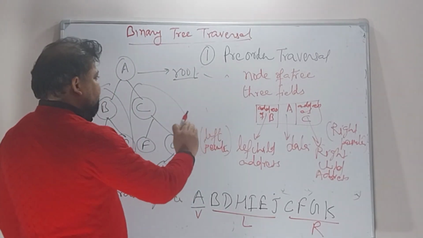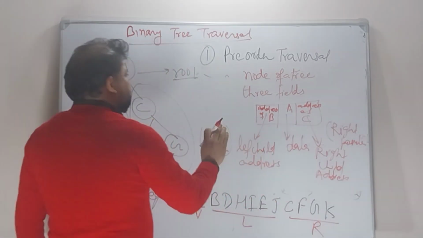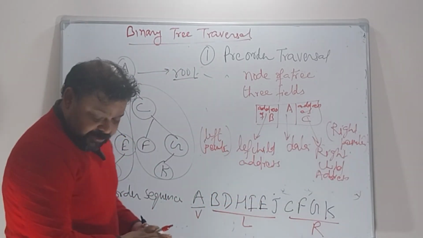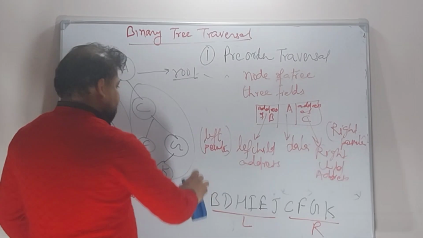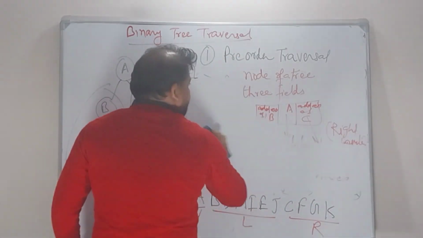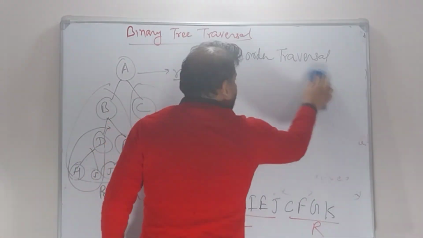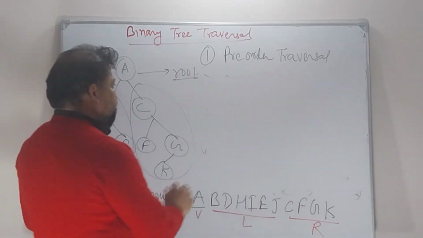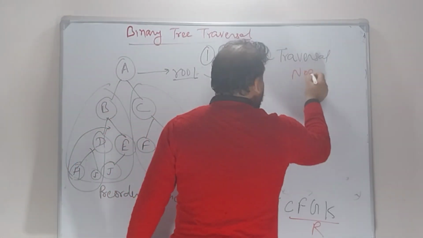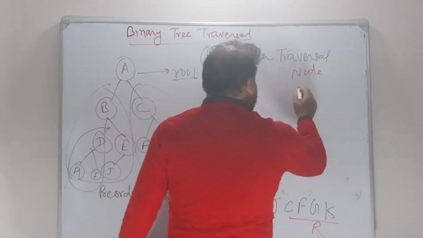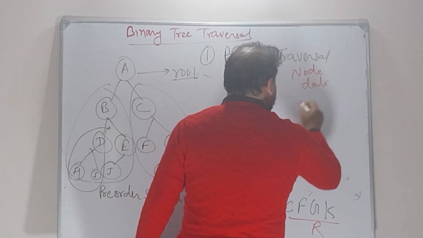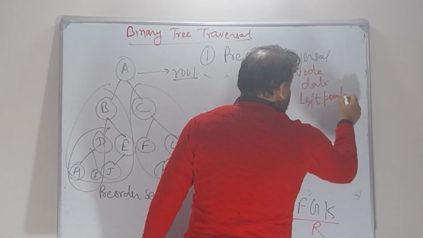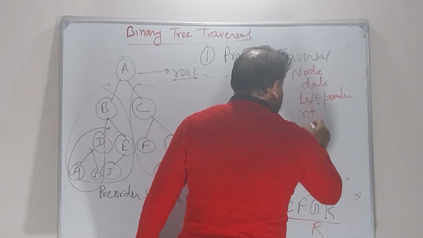Now using this representation I am trying to write a C function to traverse this tree in a pre-order manner. Because there are three fields, the node structure will be data, then left pointer, and the right pointer.